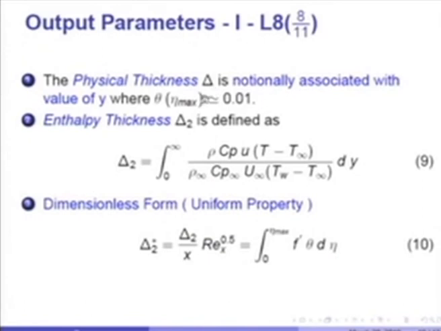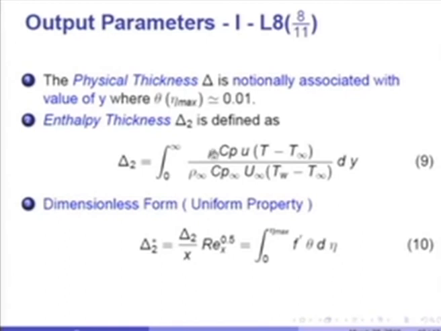We can impart exactness by defining another thickness called the enthalpy thickness, and it simply represents the integral from 0 to infinity of rho Cp u (T minus T infinity), which is the actual enthalpy within the boundary layer, dy, and this is the enthalpy that would be carried in the layer if there was no boundary layer.